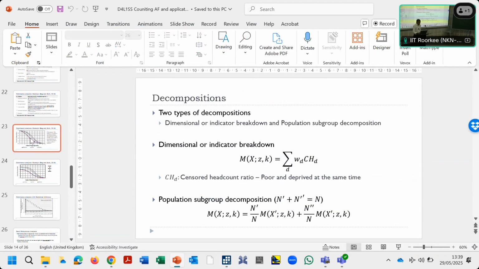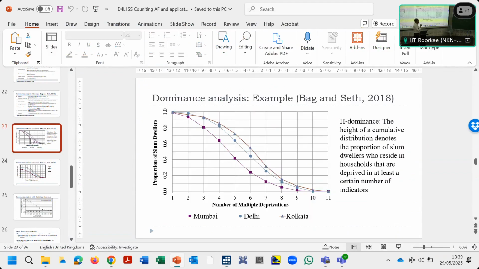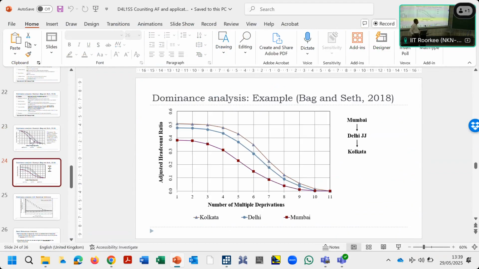Here, I did it for the multidimensional headcount ratio. I also did it for the adjusted headcount ratio. Do all these three measures have to be robust? What do you mean, have to be? It may be robust, it may not be robust. This is what you are testing, at the same time.